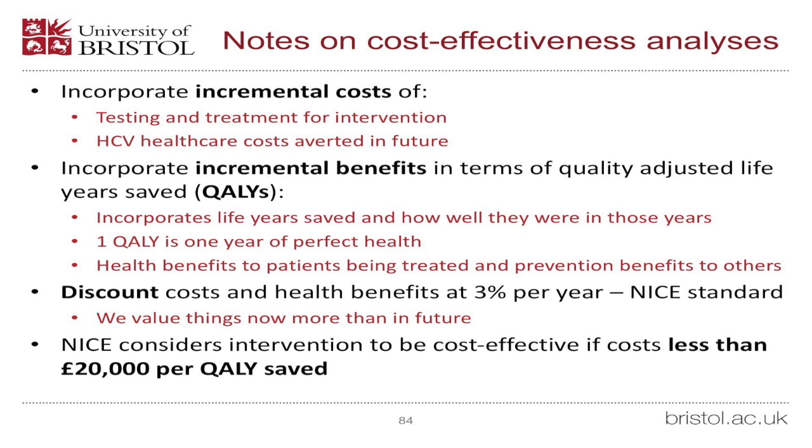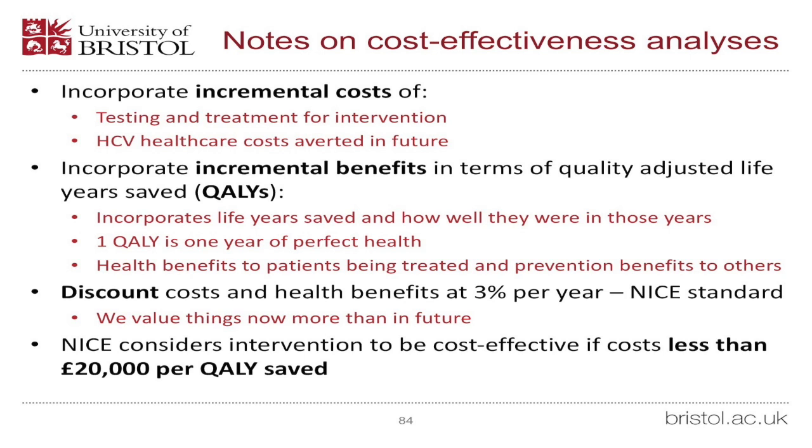We also incorporate the incremental benefits in terms of quality-adjusted life years saved, and people don't really generally understand what these are, so I thought I'd give a little bit of information about what they are. These incorporate the life years saved from your intervention, but also give a measure of how well you were in those life years saved. So one QALY is 1 year of perfect health.